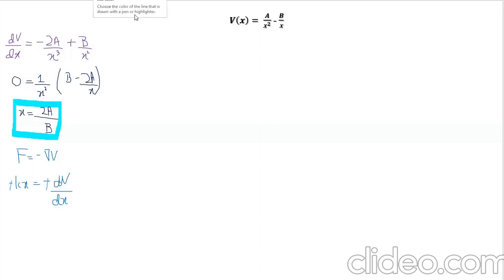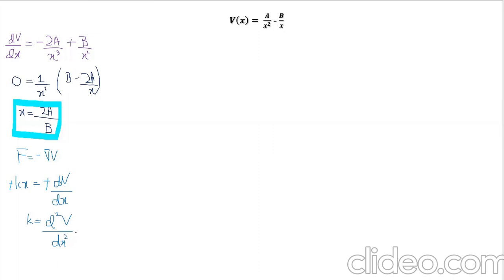Now we will again take a derivative on both sides with respect to x. When we again take the derivative of both sides with respect to x, we get k = d²V/dx². This is what we get after taking the derivative of this equation with respect to x.